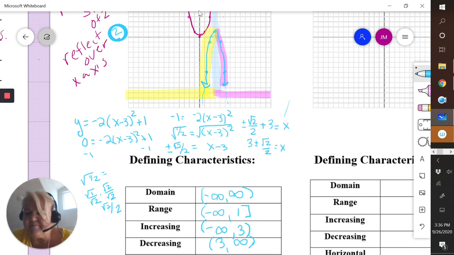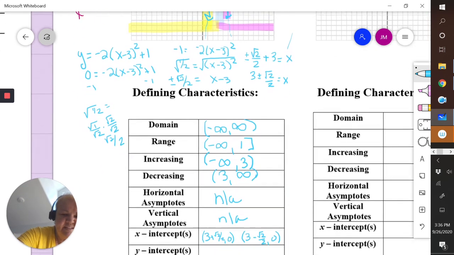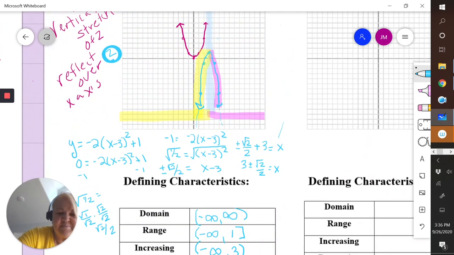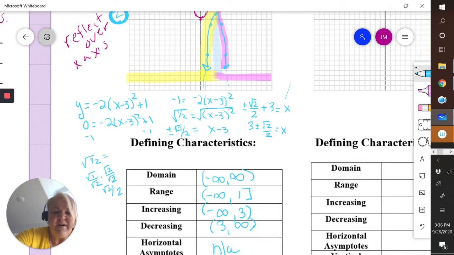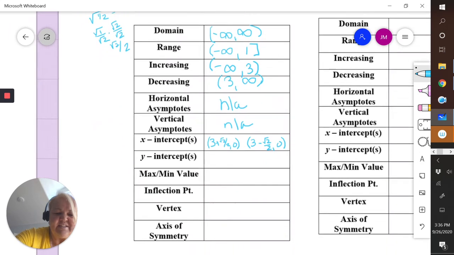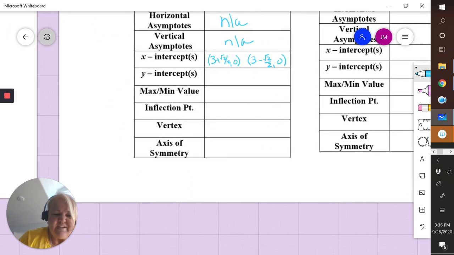Okay, so now the y-intercept. Where does it cross the y-axis? Well, we don't see it on our graph yet the way we graphed it. The y-intercept is a little bit easier than the x-intercept. My equation is y equals negative 2(x minus 3) squared plus 1.